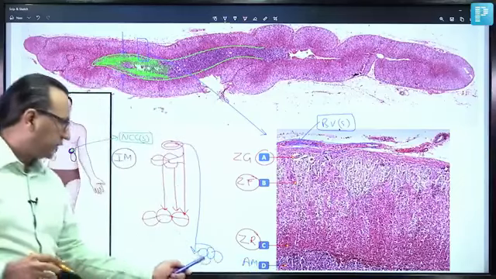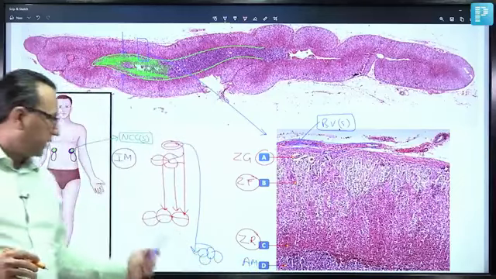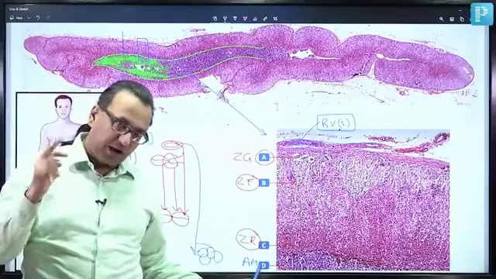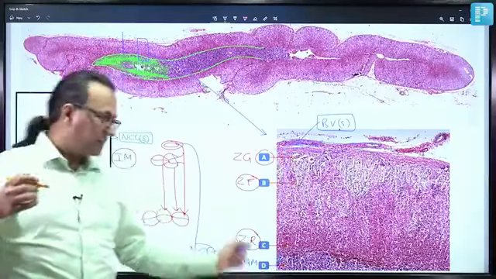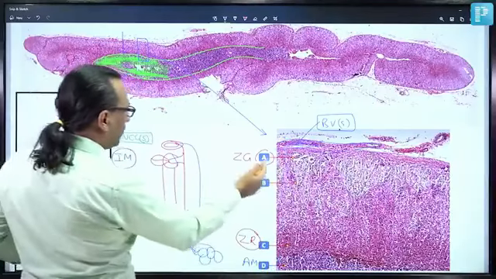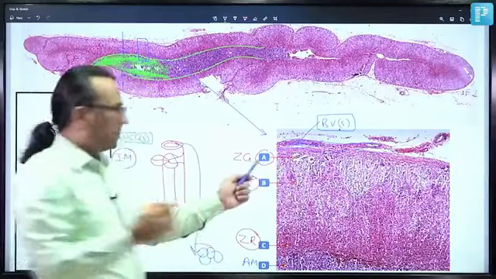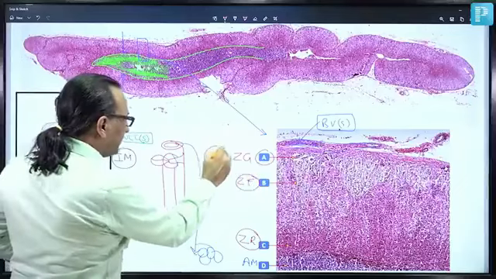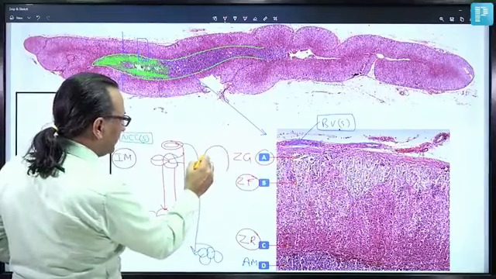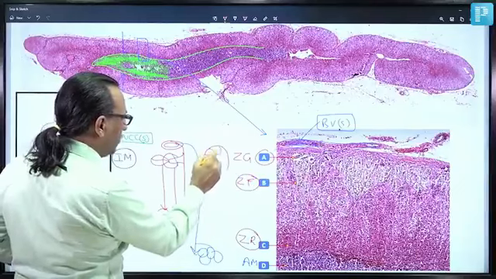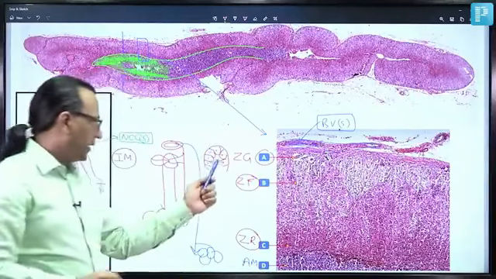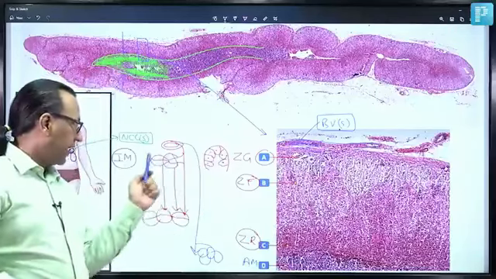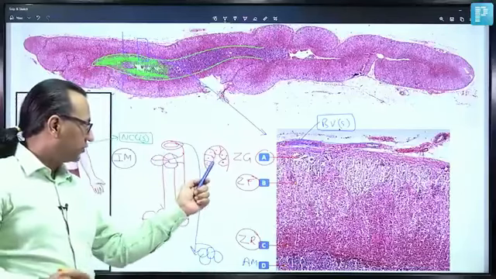Now, what is the purpose of showing the arrangement of blood vessels? Because it will help us in identifying various zones here and the type of cells as well. You'll find in the zona glomerulosa, as the name is suggesting, there will be a cluster of cells making a glomerulus kind of arrangement, and interspersed will be the fenestrated capillaries or sinusoids.